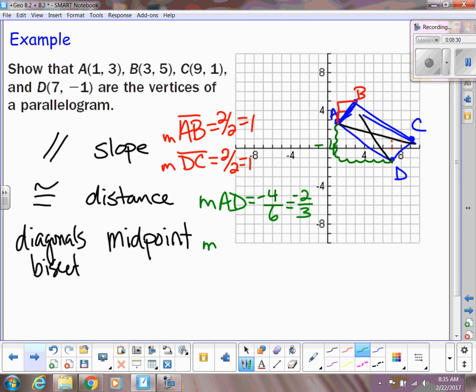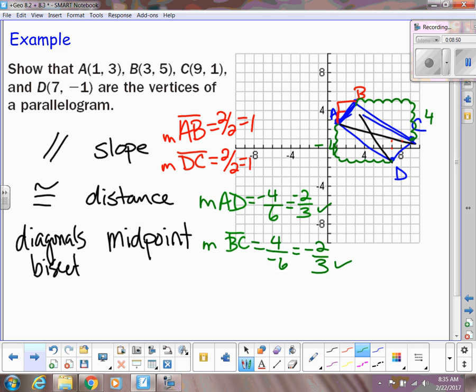And now I'll do the slope of BC. Okay, so I'm going to start at C now. So that's up 1, 2, 3, 4, and then to the left, 1, 2, 3, 4, 5, 6. So that's 4 over -6, which is the same as -2/3.